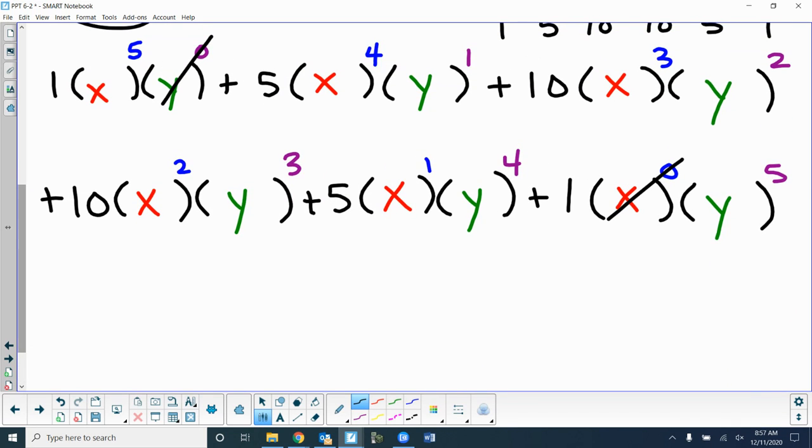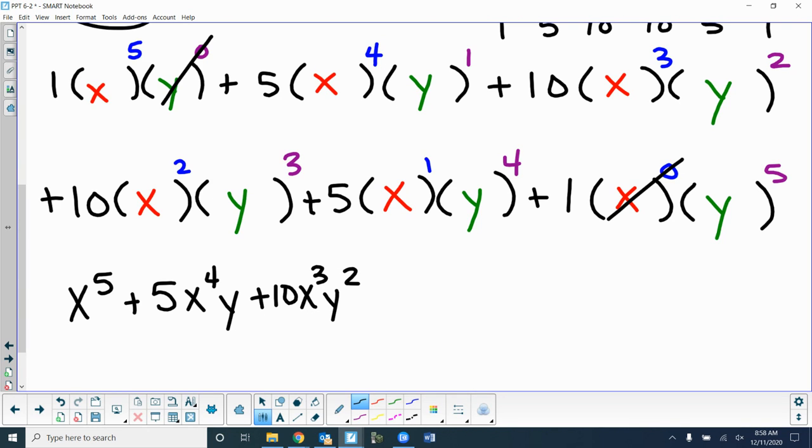Okay, so what's 1 times x to the 5th? X to the 5th. What's 5 times x to the 4th times y to the 1st? 5 x to the 4th y, right? 10 times x cubed times y squared. 10 times x squared times y cubed. 5 times x y to the 4th.